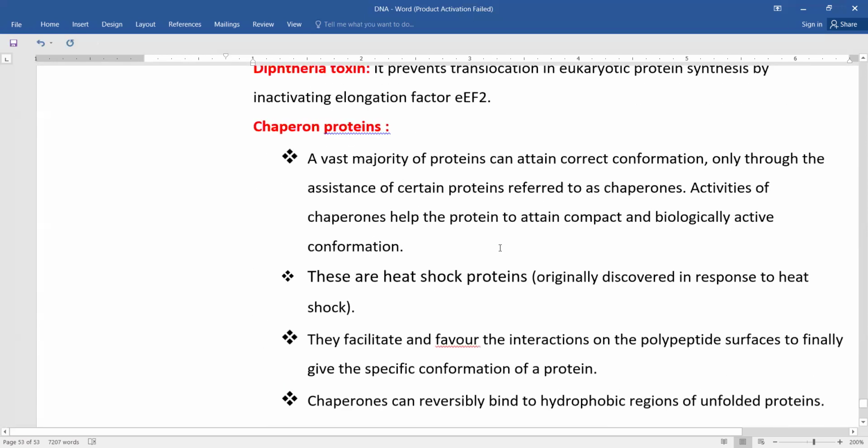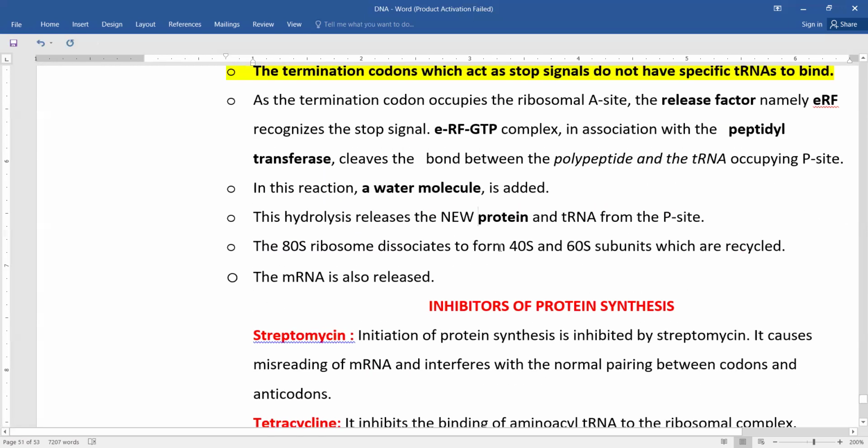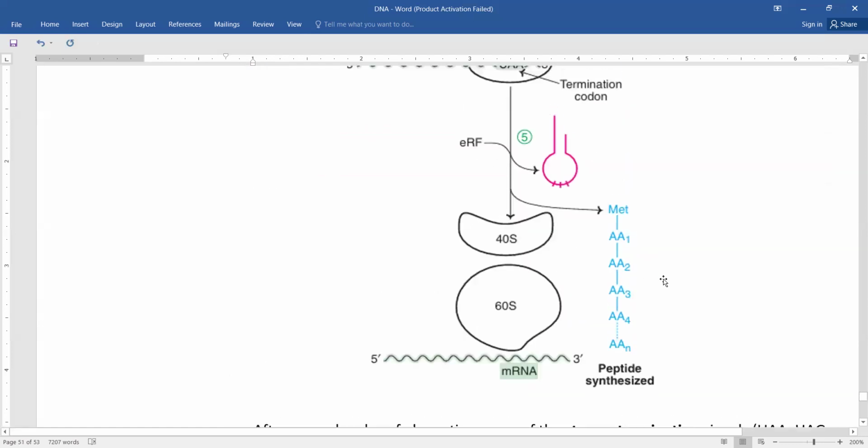So I'll stop here. With this, we have completed protein synthesis.